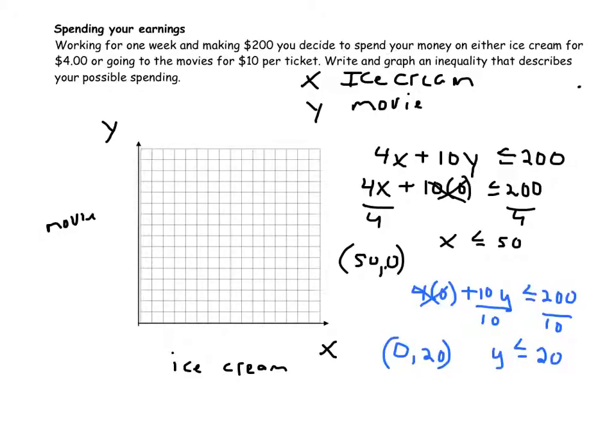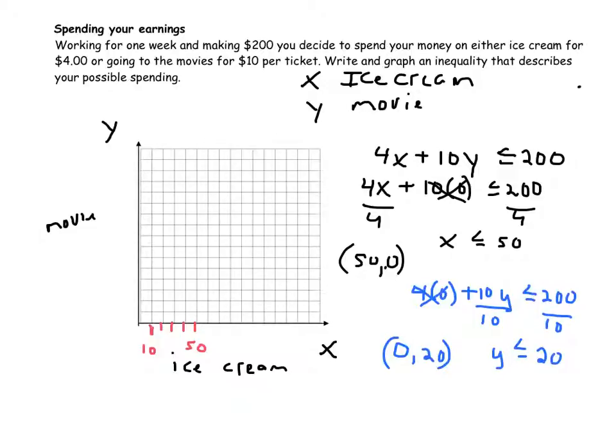Then I have to graph these, so I'll just graph it. Ice cream goes up to 50, so I'm just going to do 10, 20, 30, 40, and 50, just to make it easy. So 50 ice creams, and then 0 to 20.